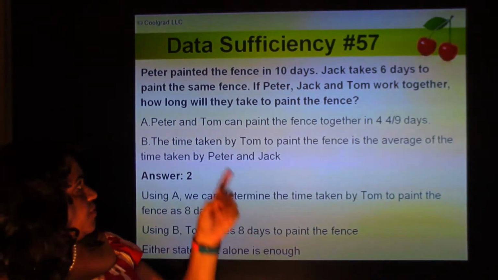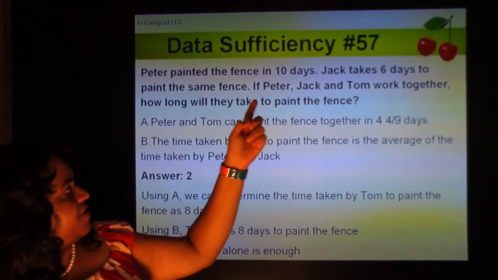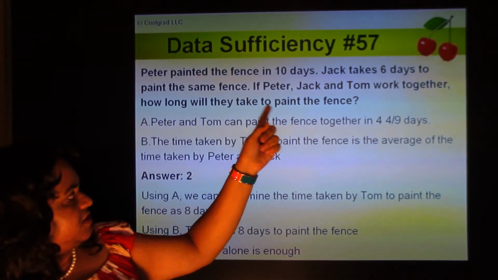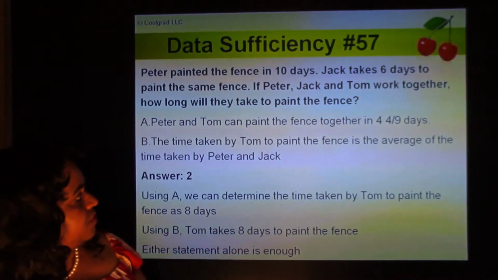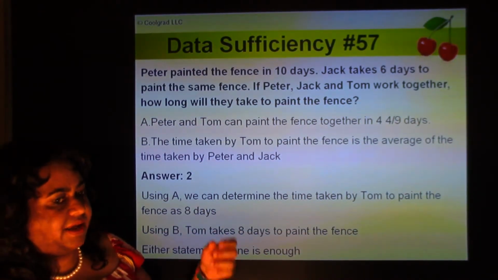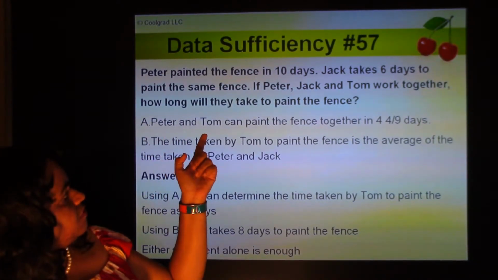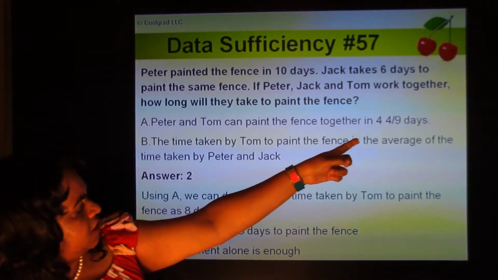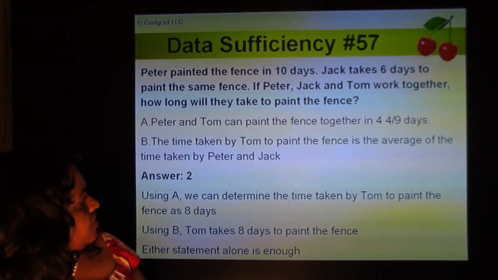Question 57. Peter painted the fence in 10 days. Jack takes 6 days to paint the same fence. If Peter, Jack and Tom work together, how long will they take to paint the fence? Statement A, Peter and Tom can paint the fence together in 4 by 9 days.